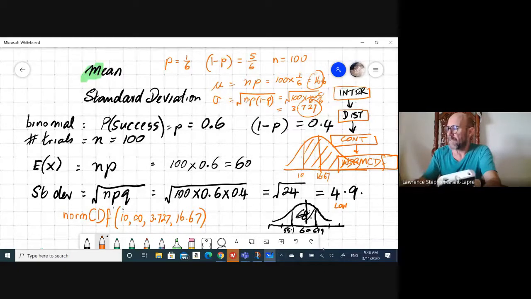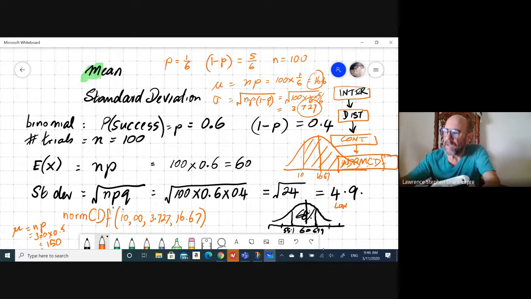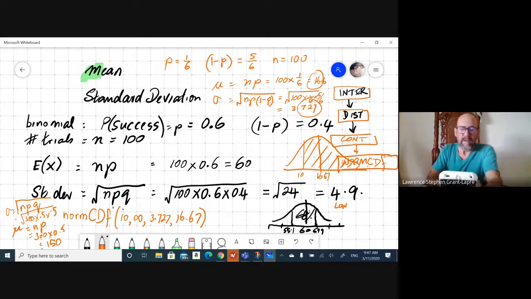The standard deviation is the square root of npq, which is the square root of 300 times 0.5 times 0.5. We get 8.66.